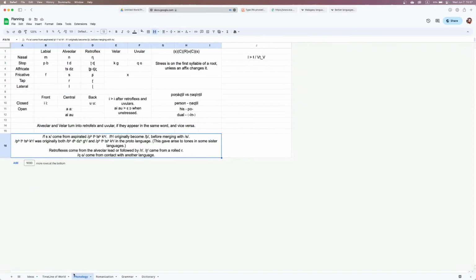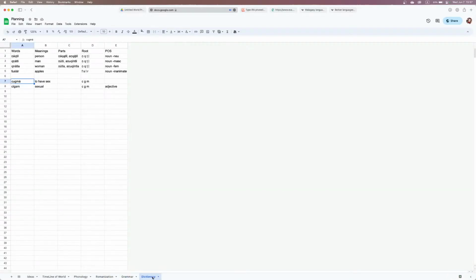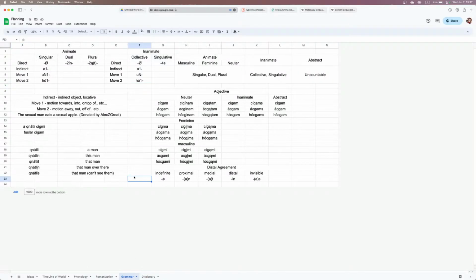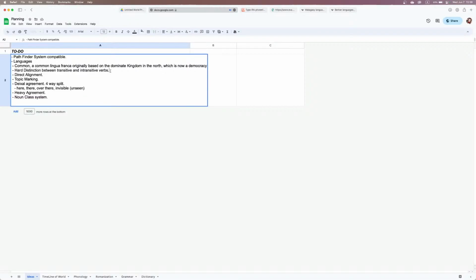And I don't think I added anything else there. So before I go and make the documentation, let us figure out verbs first. Both the agent and patient are marked with the same direct. So I think it would be good to have a hard distinction between transitive and intransitive verbs.